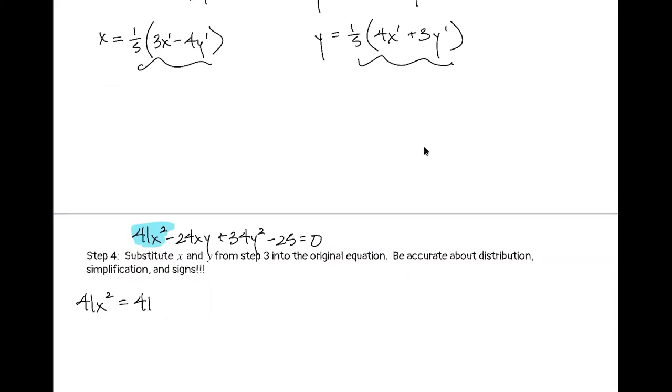So 41 stays, but then I need 1/5 times (3x prime minus 4y prime) squared. And then I'm going to continue to work across, so everything for that simplified 41x squared with x primes and y primes will be all in this same line.